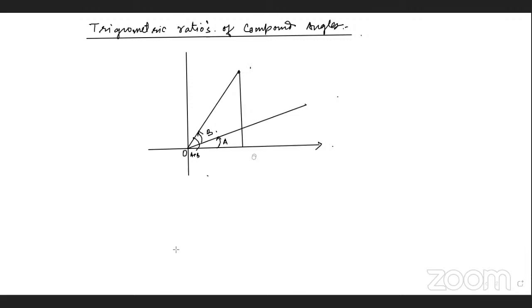This is OP, this is Q, okay? And you draw the perpendicular from this also onto this vector here. Okay, this perpendicular has also come, and from here you will drop a perpendicular here as well.